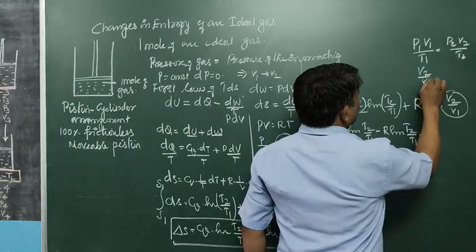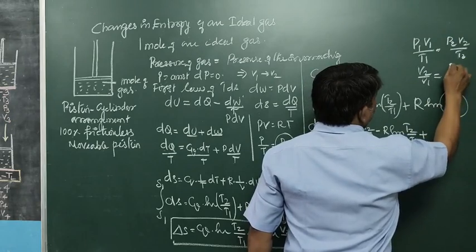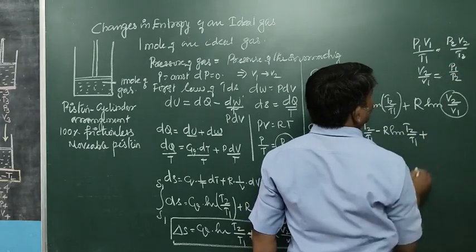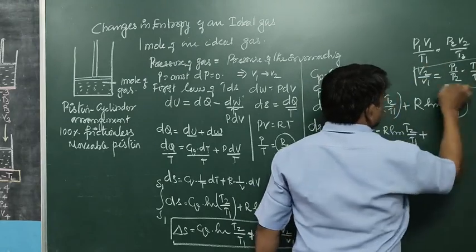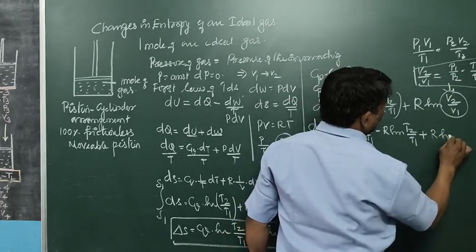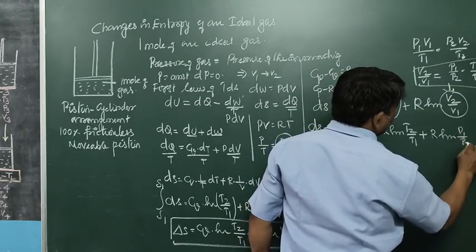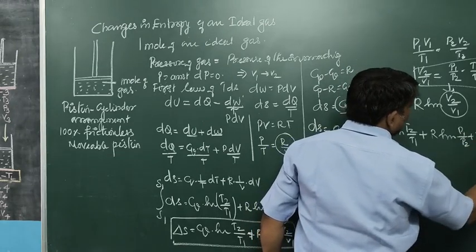So V2 by V1 is equal to P1 by P2 into T1 by T2. Substitute this equation here: R ln(P1/P2) plus R ln(T1/T2).